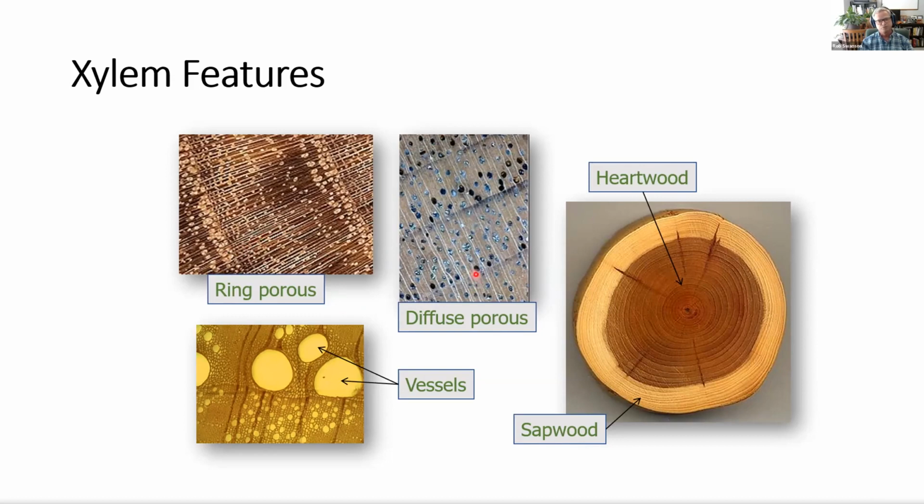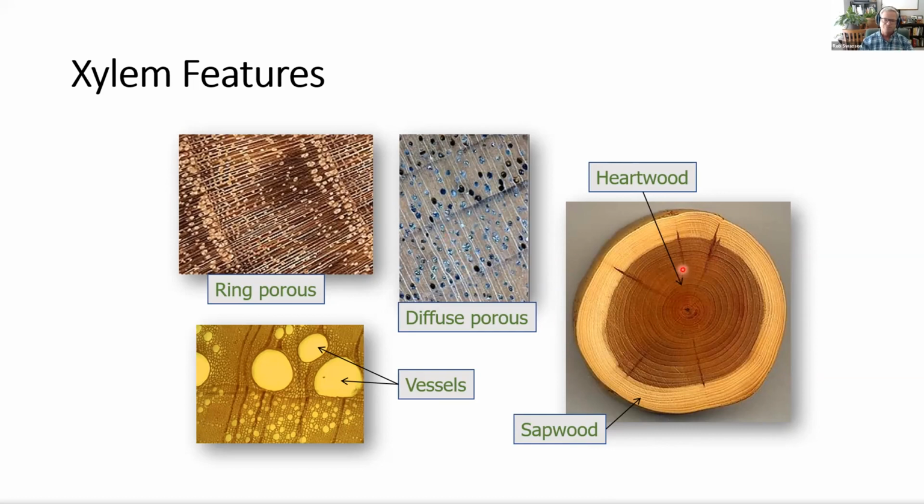Compare that to a diffuse porous tree where the size of these vessels is about the same diameter beginning to end. The staining process here closed up some of these vessels, making them a little harder to see, but they're basically the same size. So here they're obviously large, and these tiny little ones here are small. If you look at the size of this one and compare it to the size of this one, they're going to be about the same.